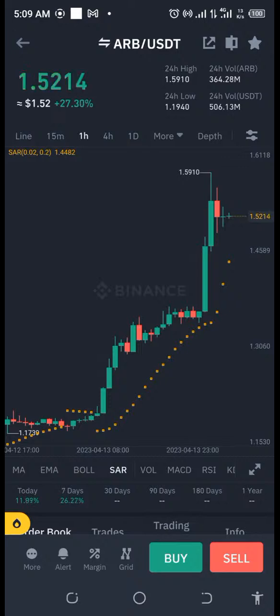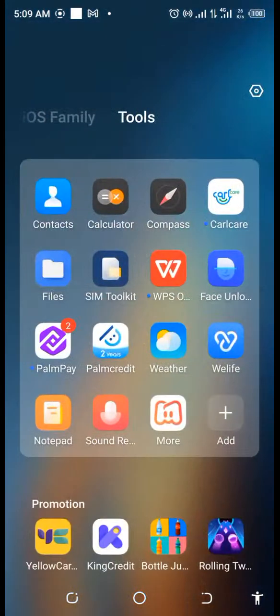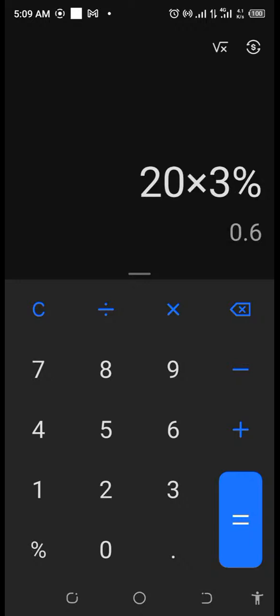So let's go check what this is in calculation basis. We have 20.62, right? So we put $20 there times, would that be 3%? Let's check, times 3%. Yeah, this is about a 3% profit margin trade after all expenses have been removed.